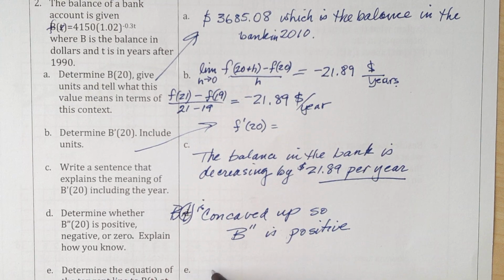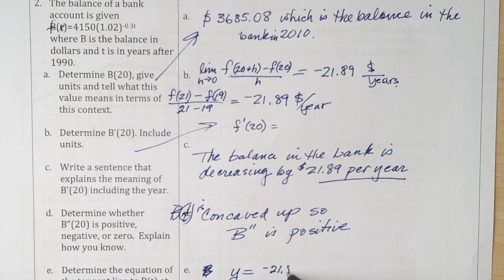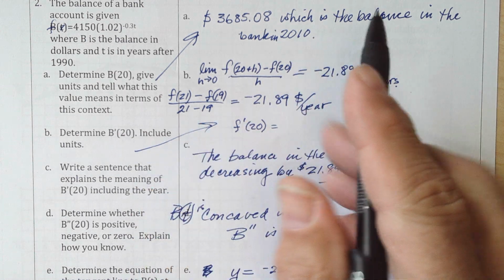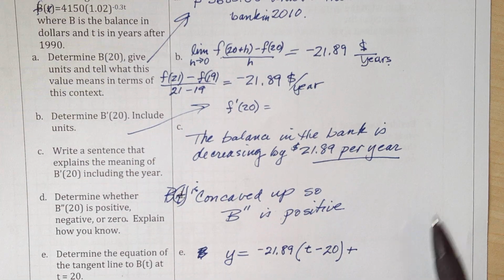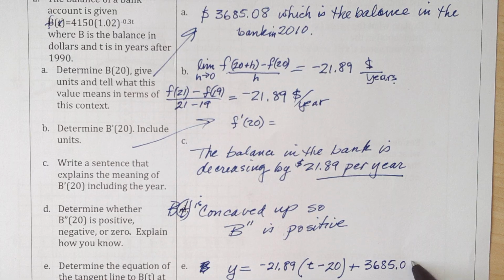The book formula would be that the tangent line, which will be a function of b, but we'll just call it y, it'll be a function of time, will be the slope, and we figured out the slope is negative 21.899 times the time, any time later, minus the time we know specifically, 20, plus the y value that goes with that 20, and the y value that goes with 20 we did up here, so it's plus the 3685.08.